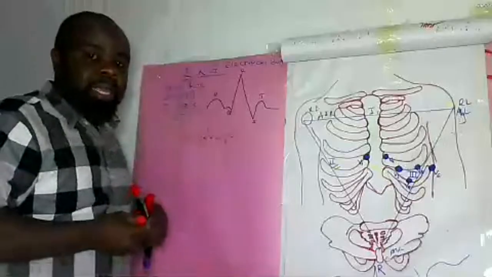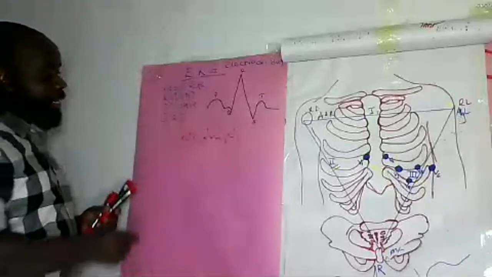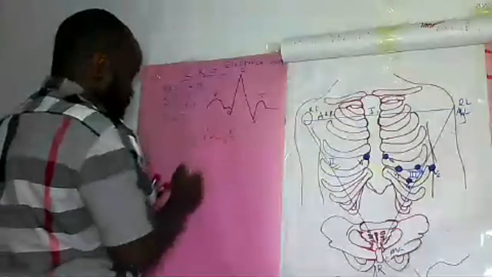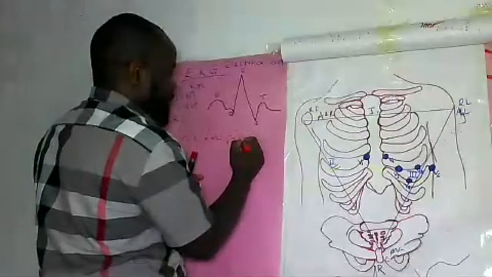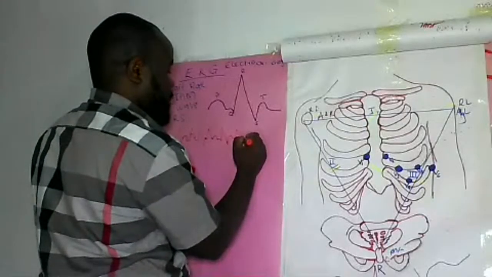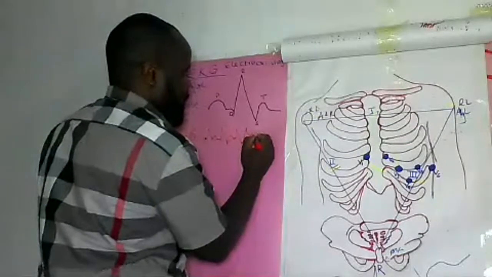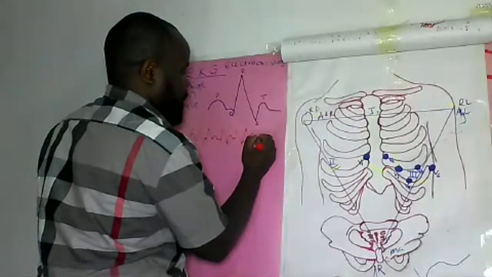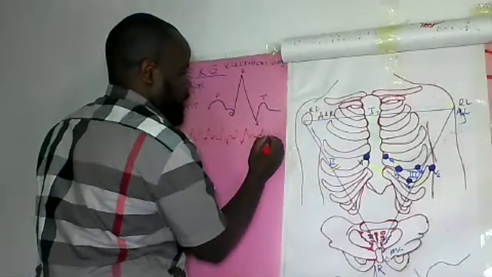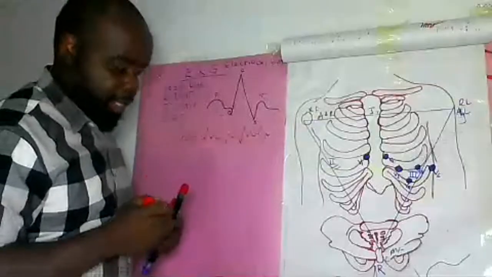So one thing we need to understand is the heart rate. There is a six-second strip. Now, I hope everyone is seeing that.